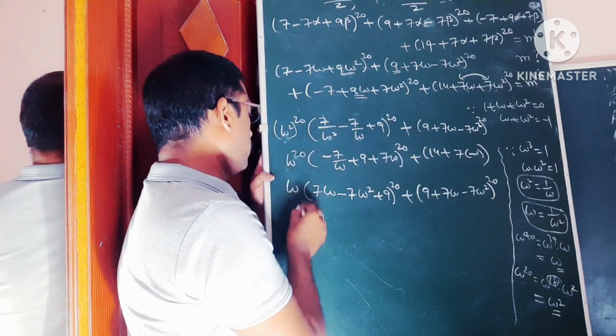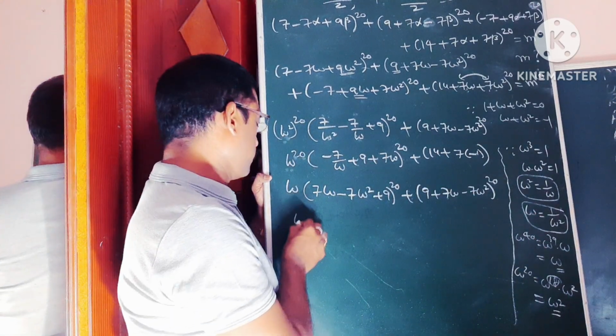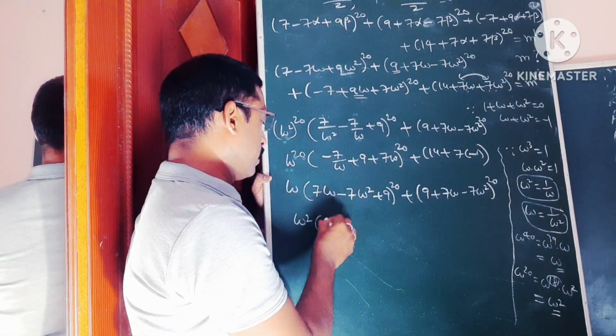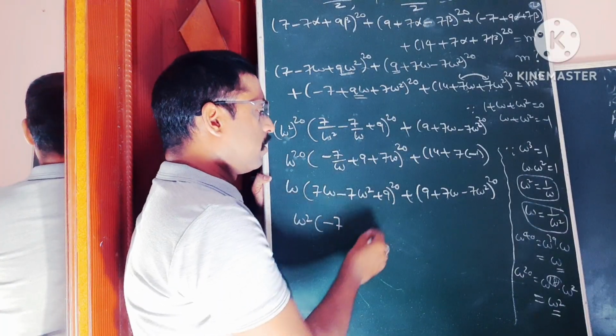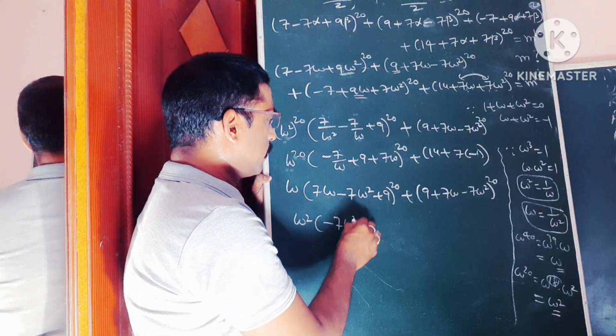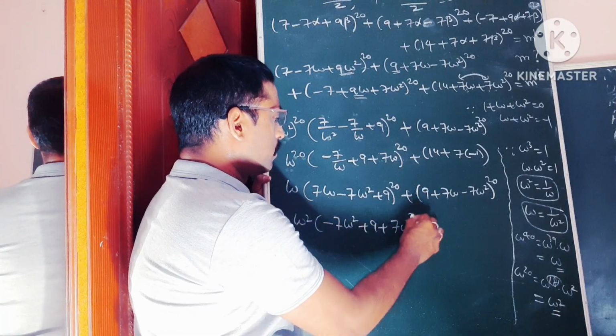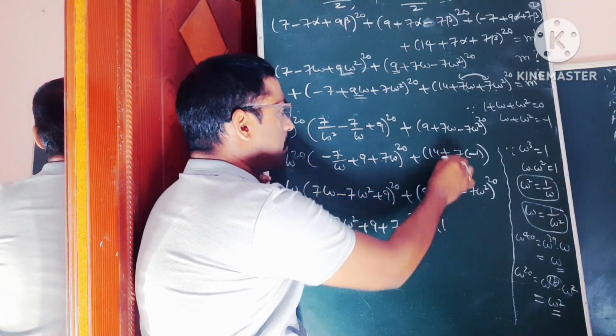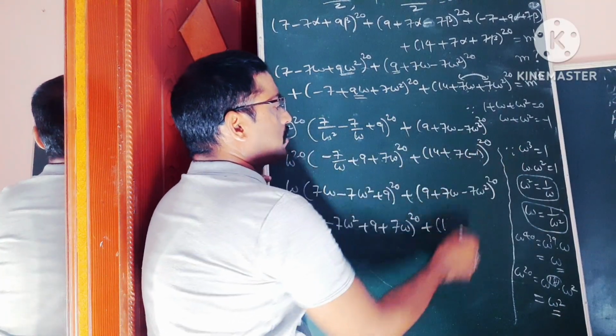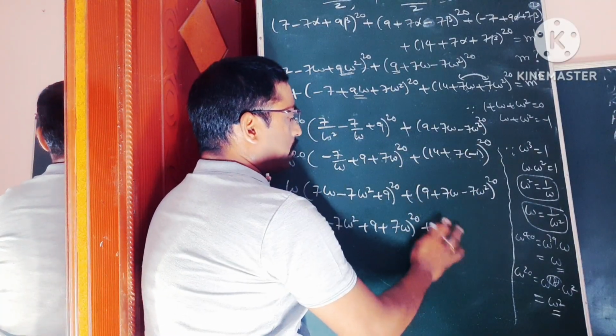Okay, now this value omega power 20 value omega square into minus 7 into 1 by omega value omega square. 9 plus 7 omega whole to the power 20. 14 minus 7, 7 to the power 20 here.